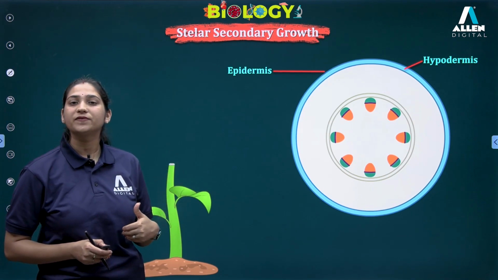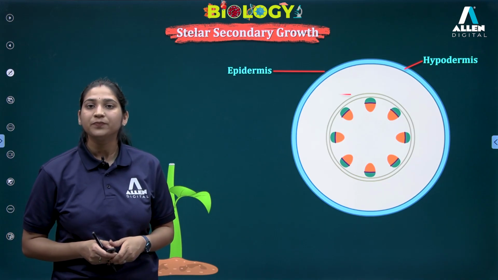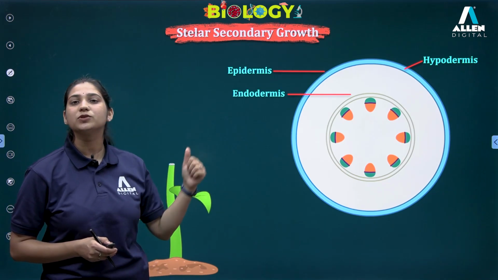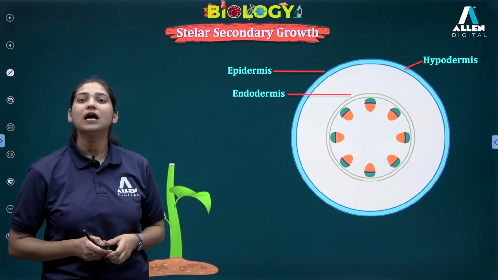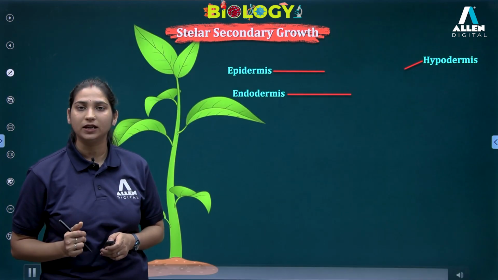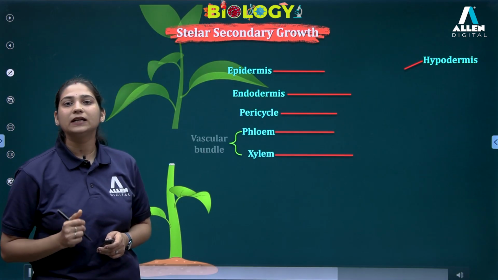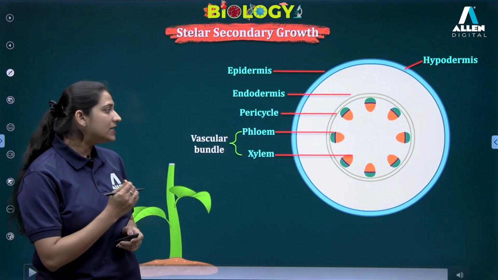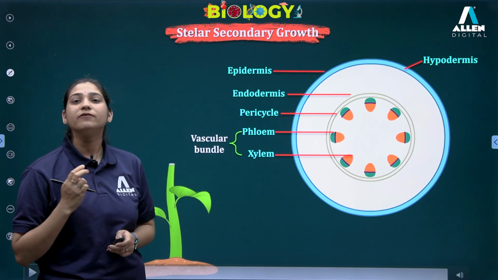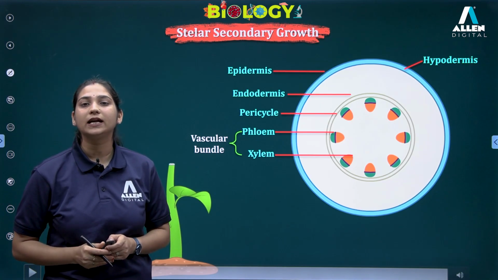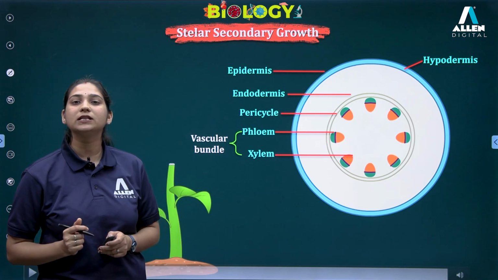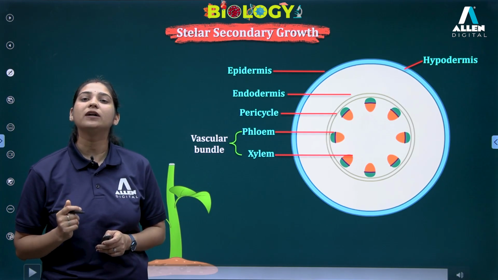Below that layer, there is the hypodermis. Below the hypodermis, we see the endodermis and a layer of cells called the pericycle. The pericycle surrounds the vascular bundles inside the stem. Vascular bundles means xylem and phloem.